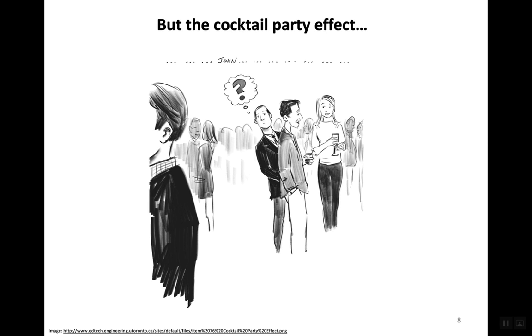When we are at a party, at a gathering, we attend a conversation with somebody, we pay attention to that person, we engage in a conversation with that person, and suddenly we hear our name called from across the room. So somebody else in a different part of the room, having another conversation, mentions our name.